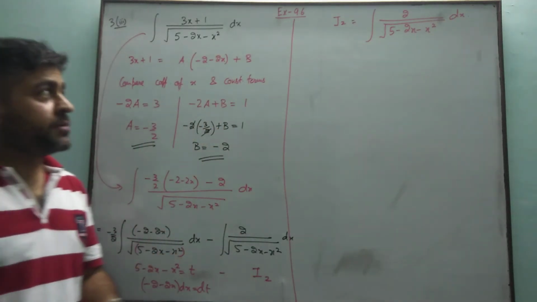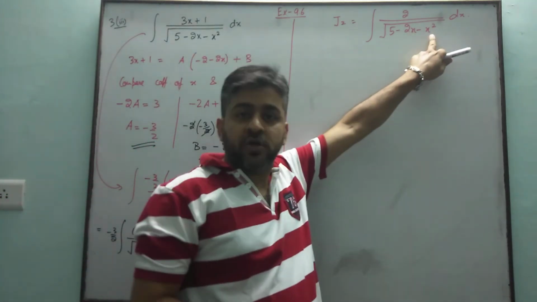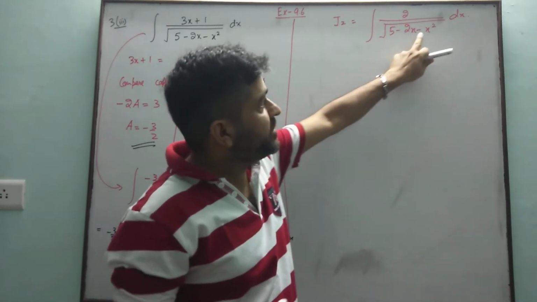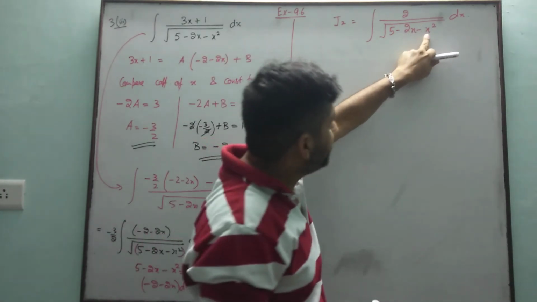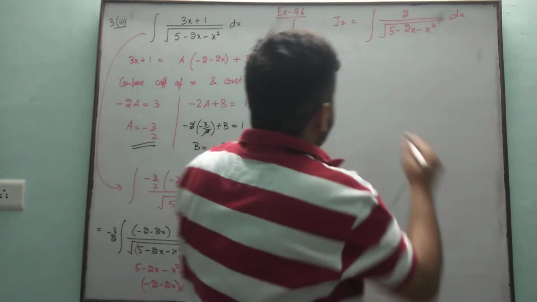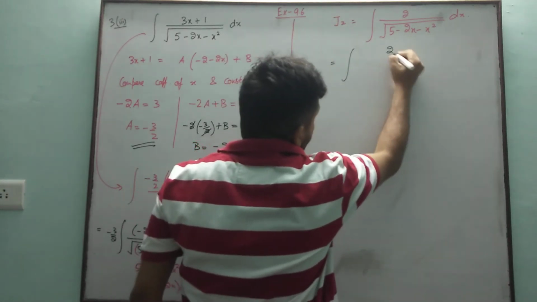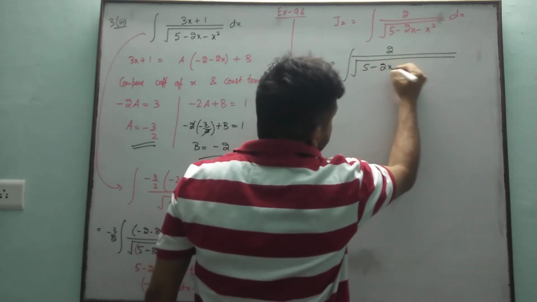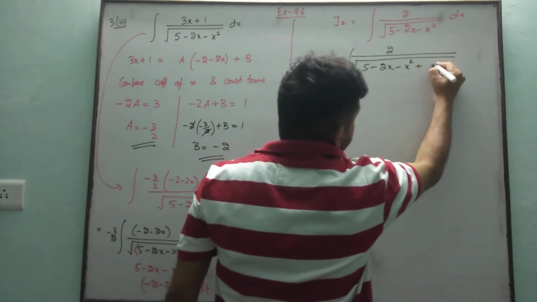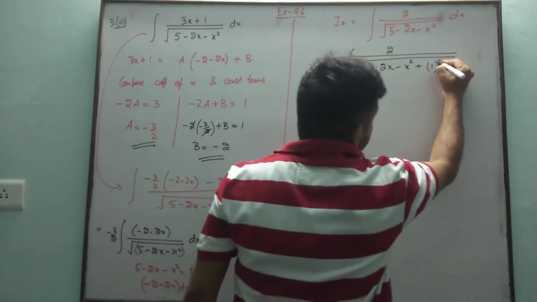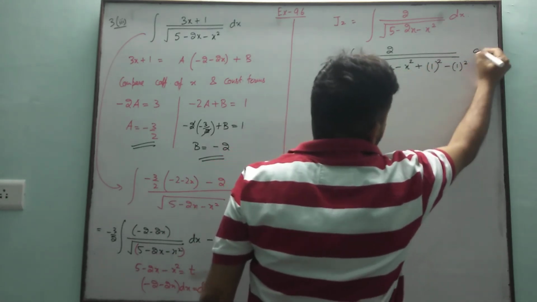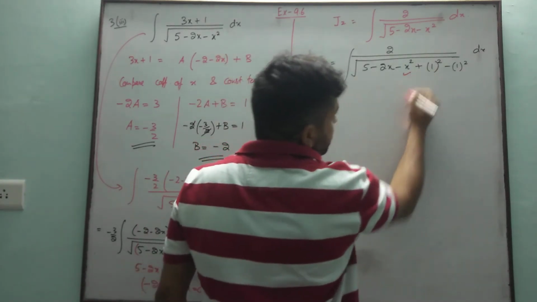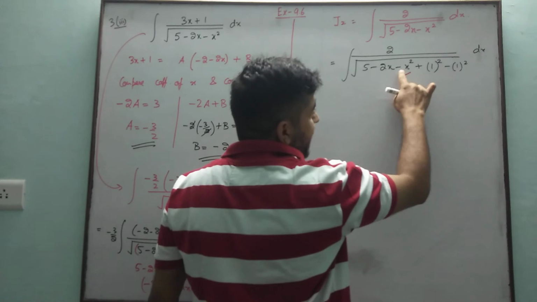For the completing the square method, as I told you, the coefficient of x square must be 1. Negative, as under root is there, we cannot take common, so it is already 1. Coefficient of x, take its half and its square. That is, half of 2 is 1, square, add and subtract. Then we got a square, and out of these two, b square will be negative, as this is negative.